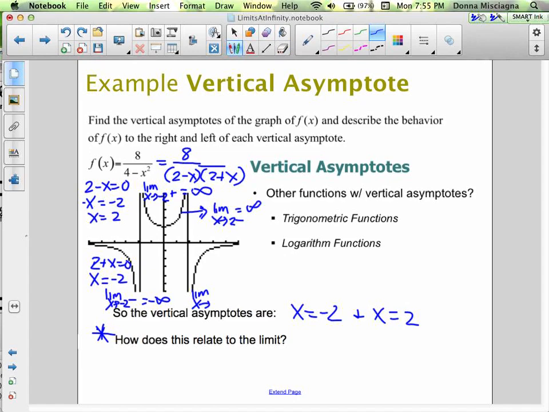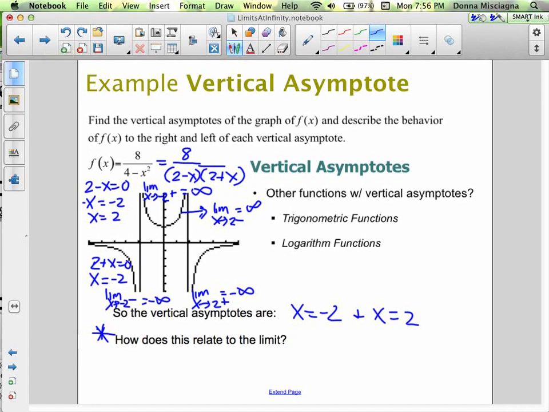And then the limit as x approaches 2 from the positive side is negative infinity. So here they're going opposite directions from the left-hand side and the right-hand side as we get close to both our asymptotes. They can go opposite directions or they can go the same direction. If a function is always positive or always negative, they're going to go the same direction.